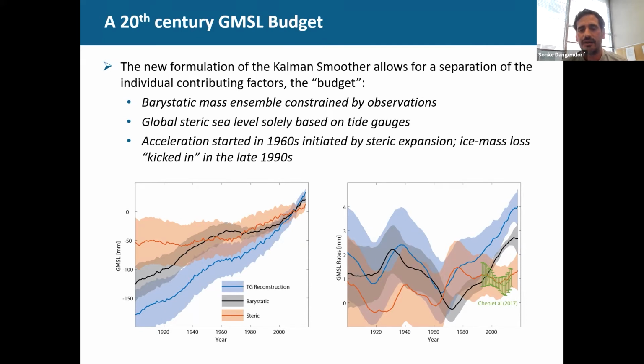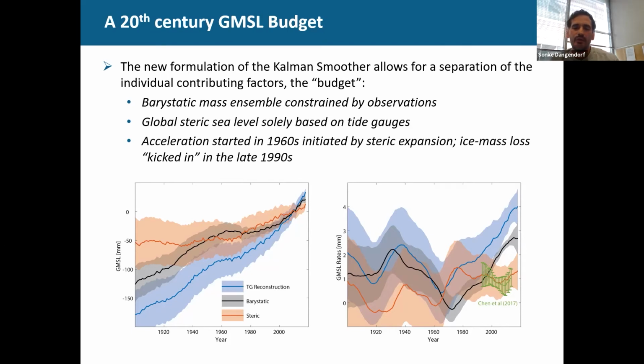They are shown on the right side. And you can see that the total sea level has been fluctuating between 1 and 2 millimeters per year in the first half of the 20th century. But then at the end of the 1960s, we see that gradual increase, the acceleration in global mean sea level.